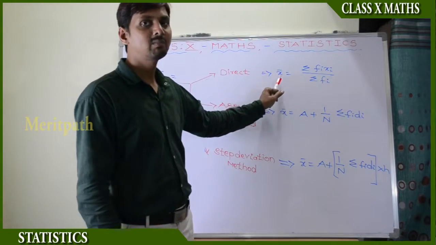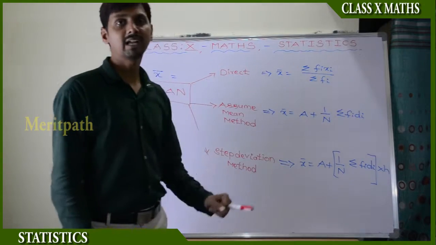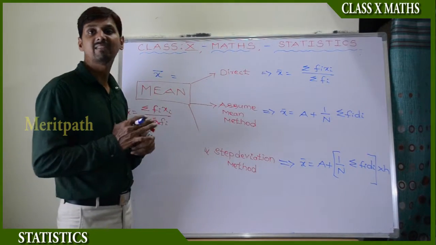So here x bar equals sigma fi xi by sigma fi, where sigma fi is nothing but the sum of the frequencies.